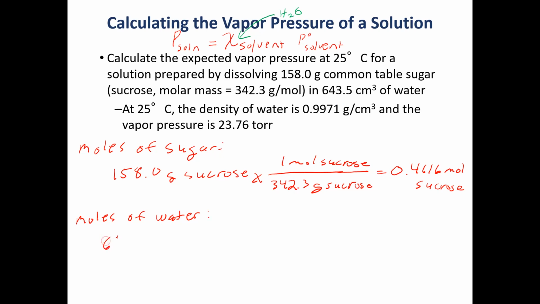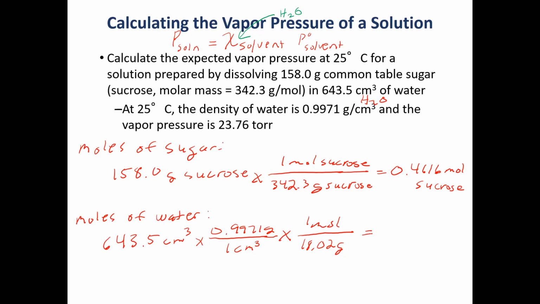So we have 643.5 cubic centimeters. And for every 1 cubic centimeter of water, we have 0.9971 grams. And then if we calculate the molar mass of water, water is H2O, it comes out to 18.02 grams per 1 mole.